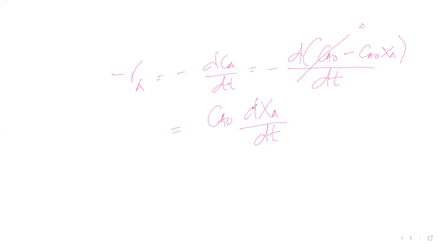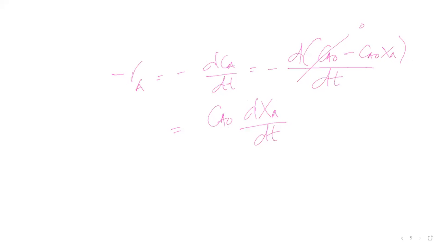So you have to have an alternative formula that deals with conversion. That's the purpose why Levenspiel changed the negative dCA/dt to this expression. That way you can interchange at any time whichever of the two is applicable for your given set of experimental data. So now you understand that this negative dCA/dt is just equivalent to this, again using this very fundamental equivalent of CA, and that's your CAO times the quantity 1 minus XA.